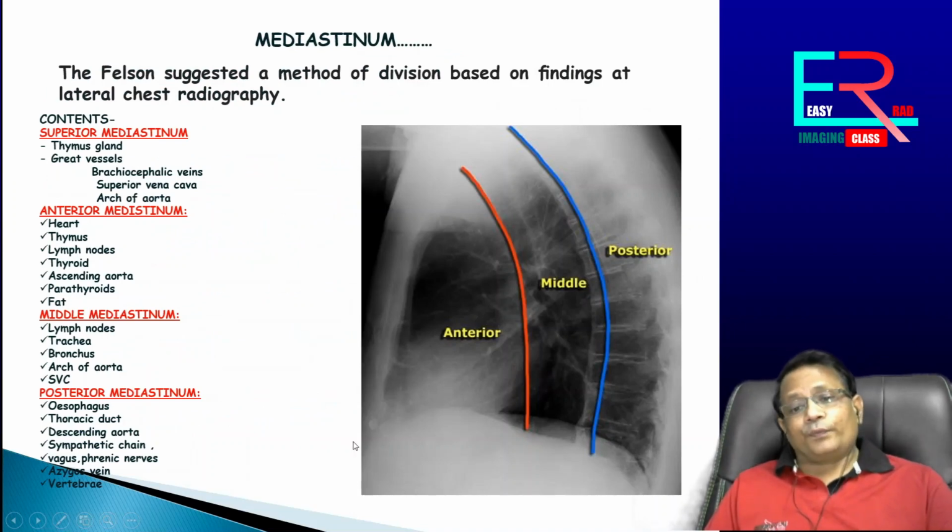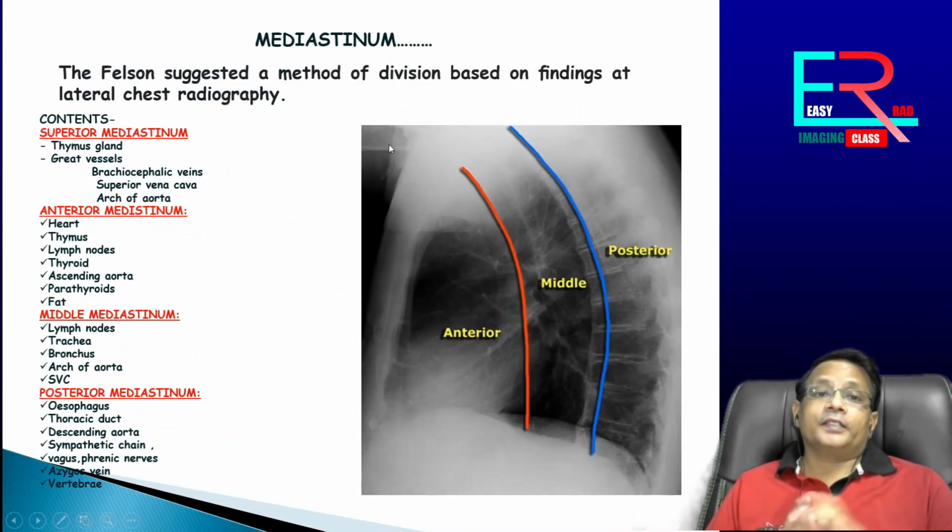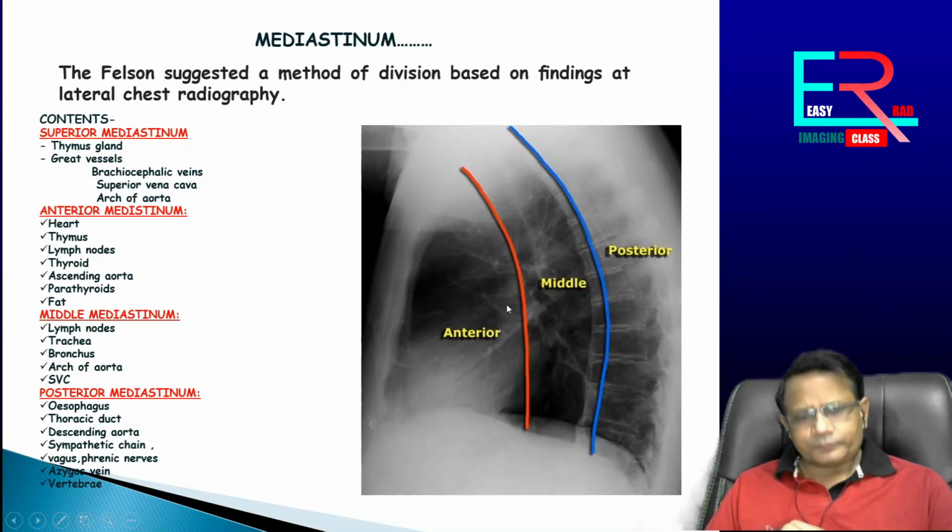So Felson suggested a method of division based on the findings on the lateral chest X-ray. He divided it into anterior, middle, and posterior divisions, and kept the heart in the anterior division of the mediastinum.